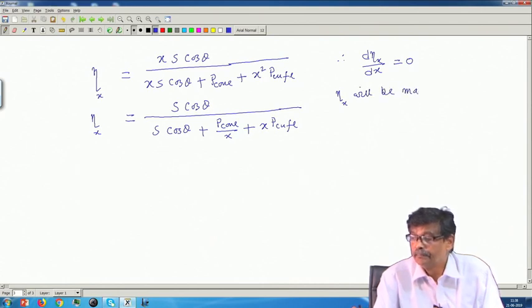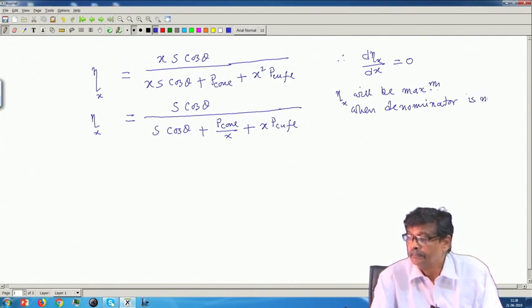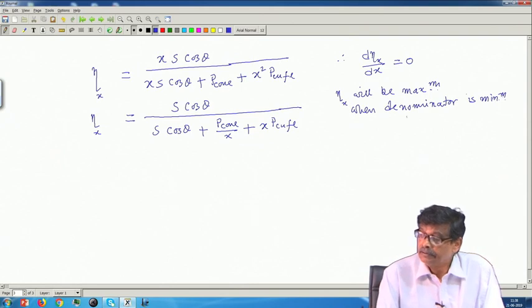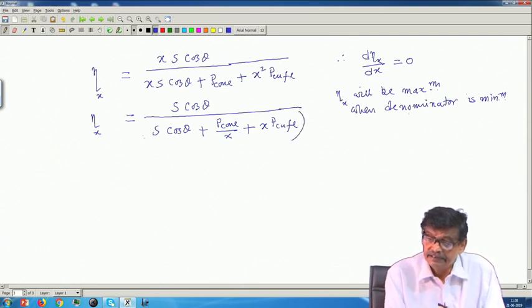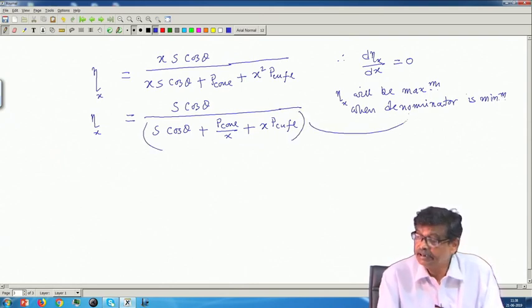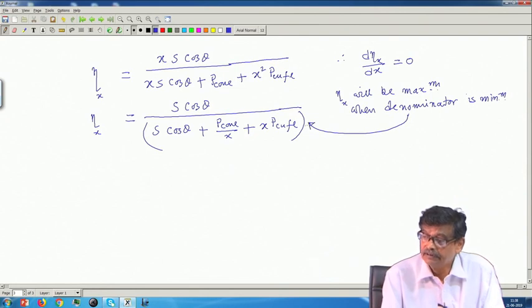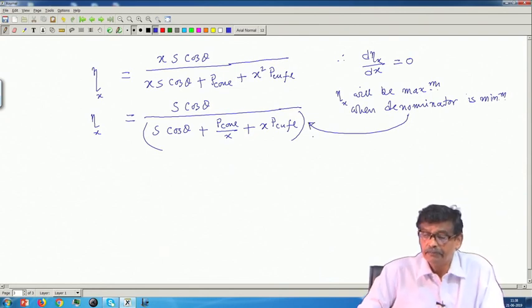Then I will say eta x will be maximum when the denominator is minimum. Denominator means this factor, this is my denominator now, is it not, when this fellow is minimum.